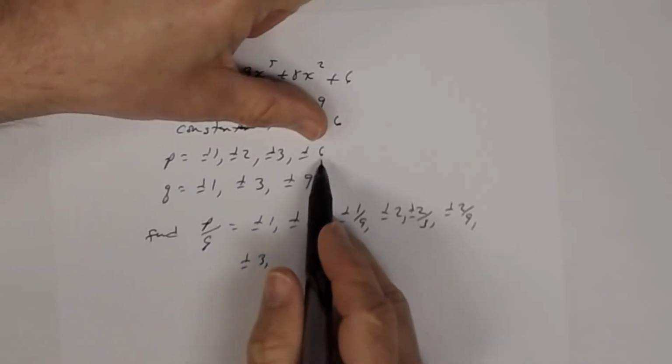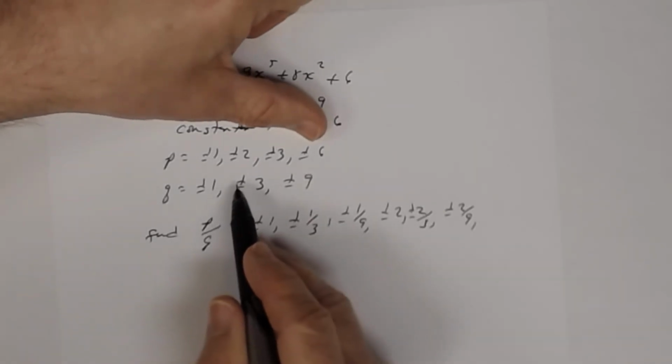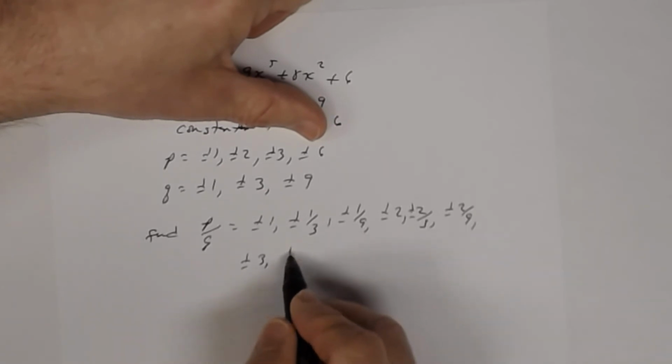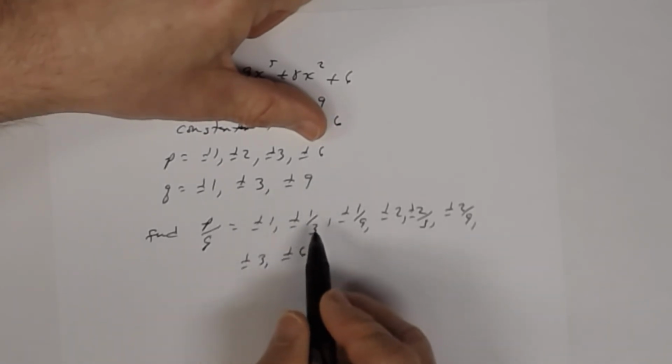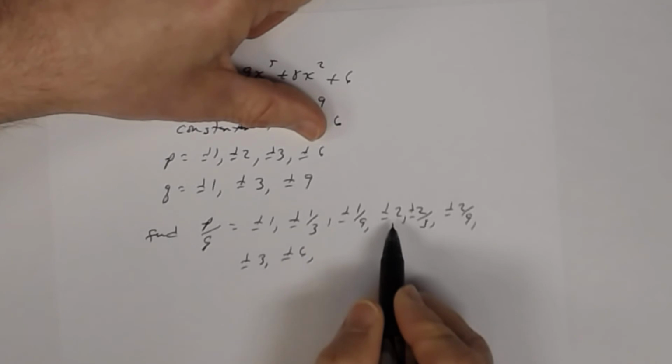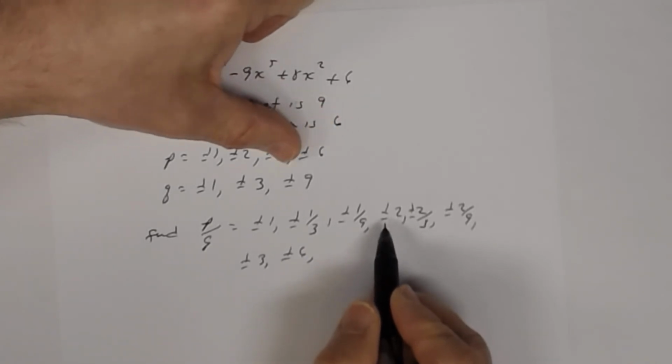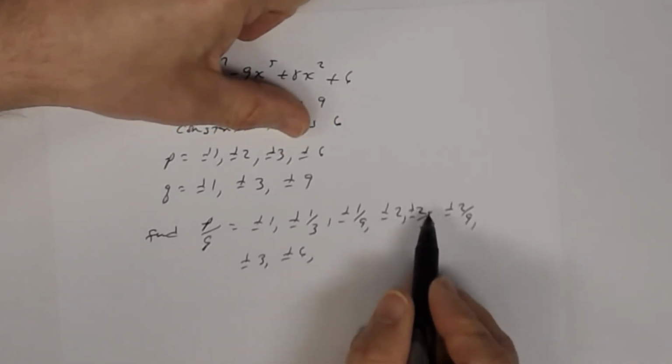Let's do the 6. 6 divided by 1 is 6. I don't have it listed. 6 divided by 3 is 2. I already have it listed. And then 6 divided by 9 reduces to 2/3. I already have it listed.